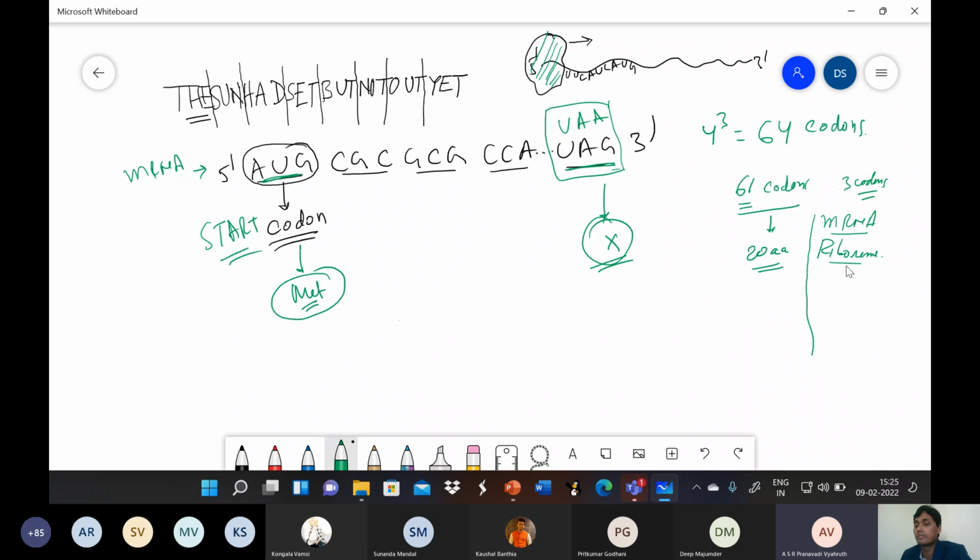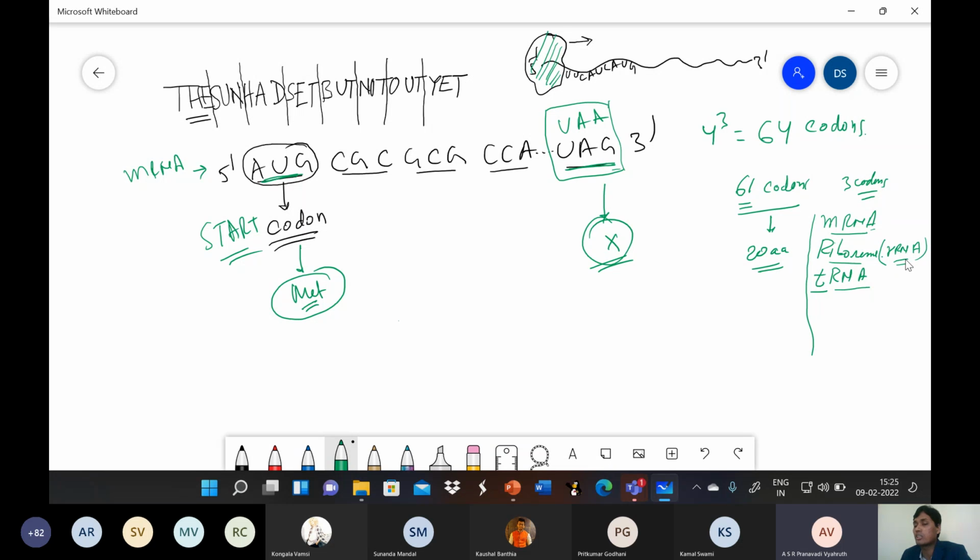And one more thing, tRNA, that is called transfer RNA. So tRNA, and inside the ribosome you have rRNA. Last week you also saw that mRNA, messenger RNA, had the message to bring the protein.